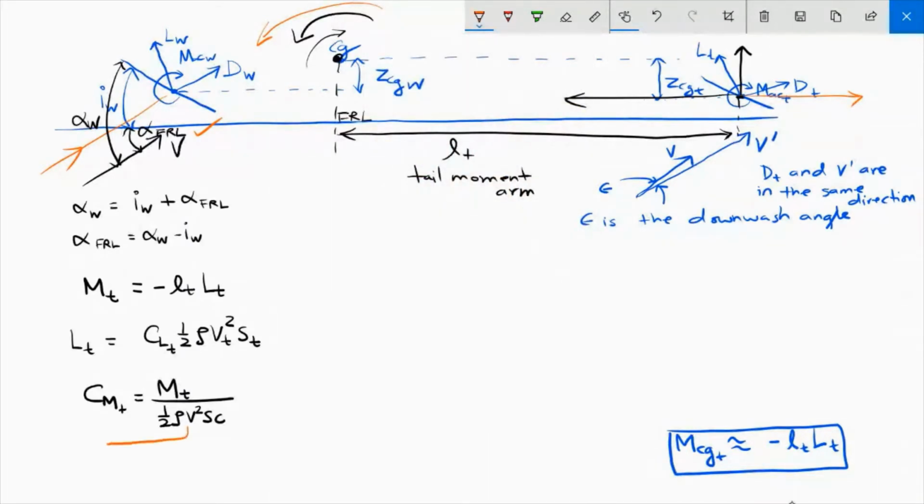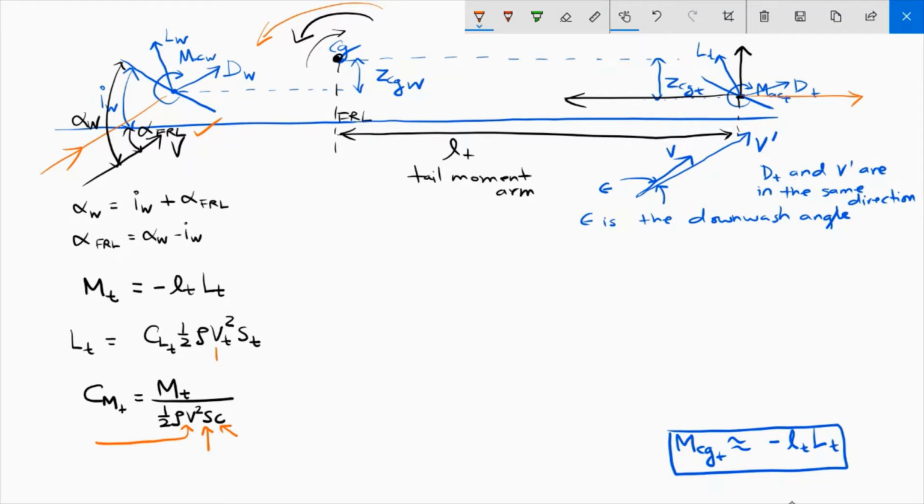So the V I have written here is the free stream velocity which is seen by the wing. The S I have written here is the planform area of the wing. And this C is the wing mean chord. So when we define the moment coefficient, we are using the velocity, area, and the chord of the wing.